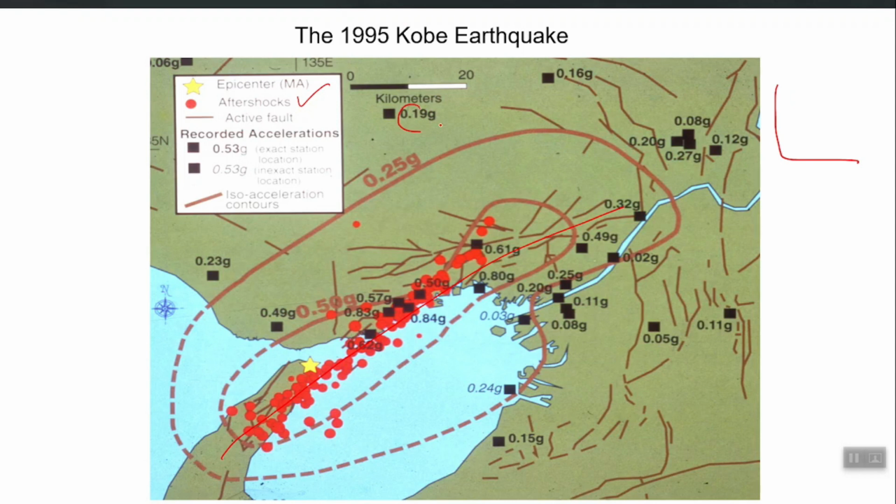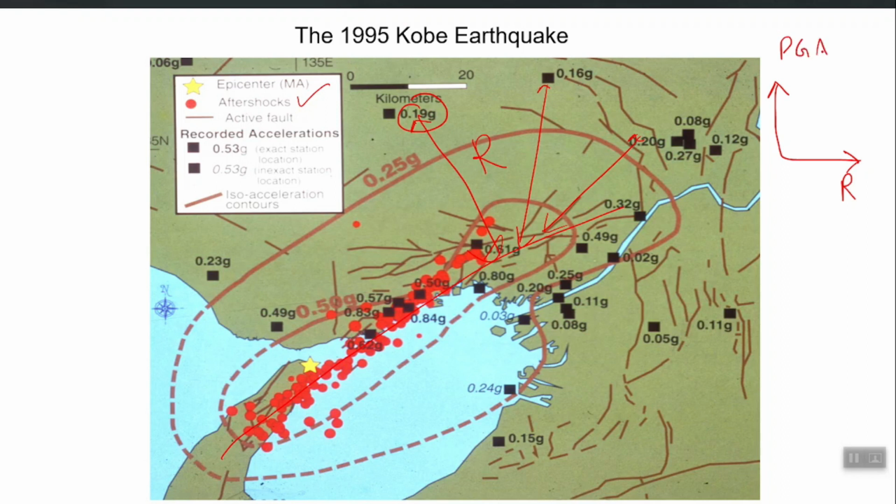For each point I have the distance from the fault line also, let's call it R, right? So this R is different, this R is different. I may have hundreds of PGA values at different R values, source to site distance. For one particular earthquake, I can plot the R value, source to site distance, against the PGA value.